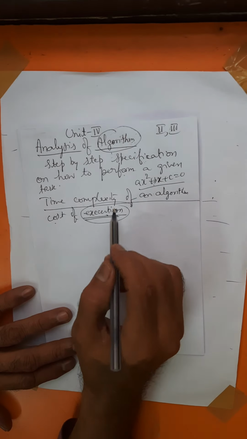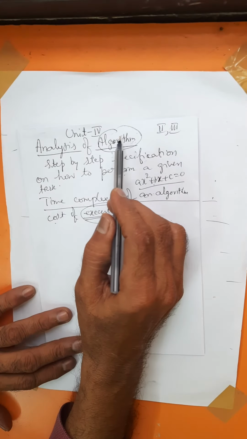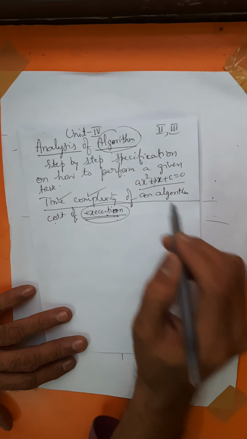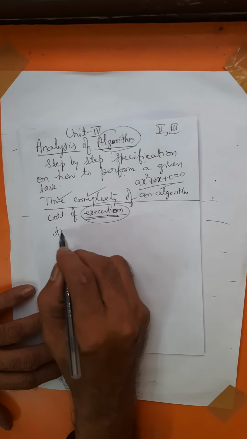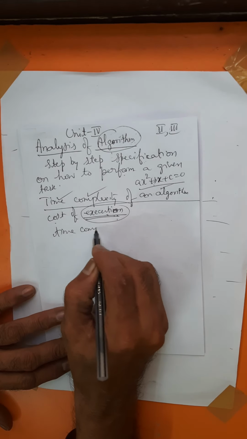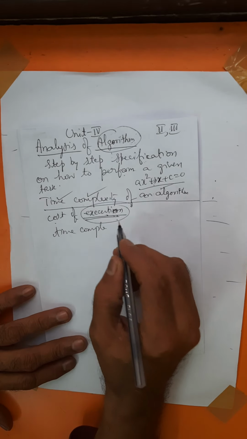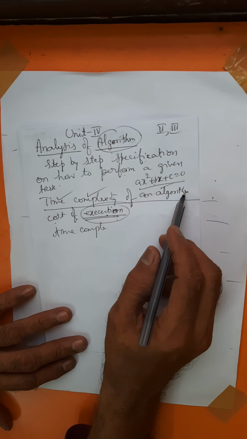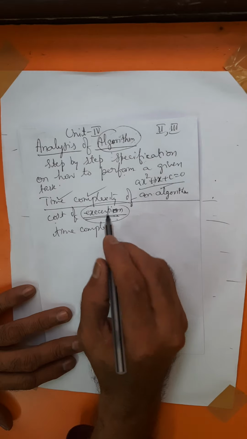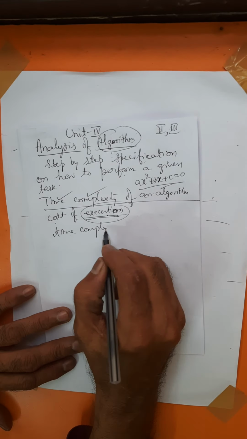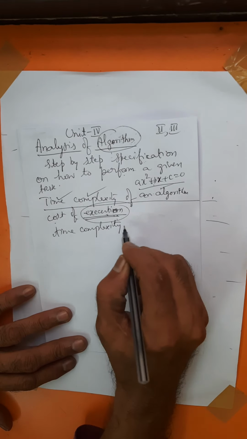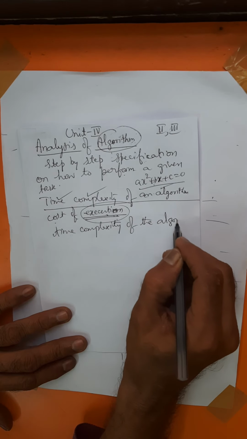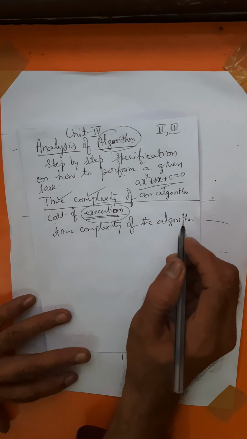The time taken for the execution of an algorithm is referred to as the time complexity of the algorithm. I repeat, the time taken for the execution of an algorithm is called the time complexity of an algorithm.